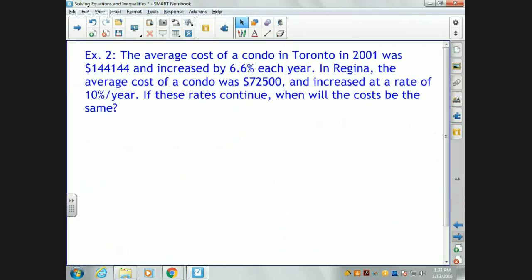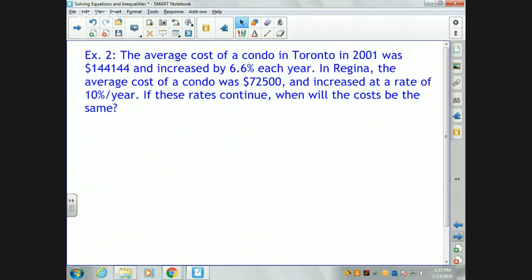In fact, we can figure out what it is now. And it increased by 6.6% each year. In Regina, the average cost was $72,500, so about half.